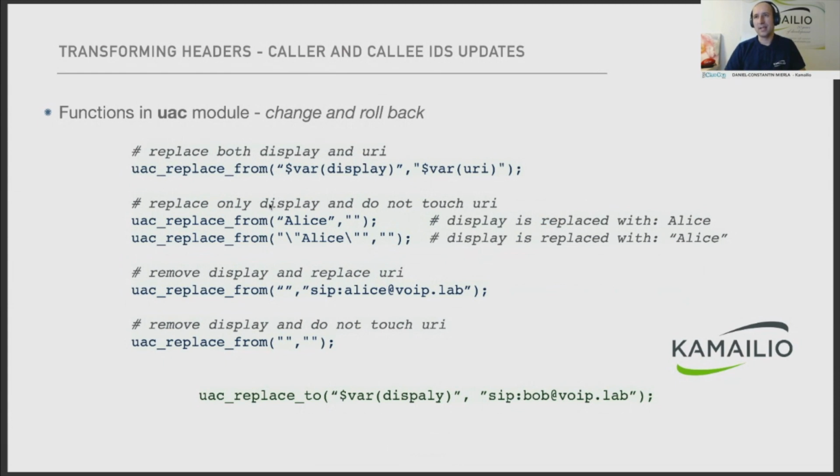And you have uac_replace_from and uac_replace_to, with 2 parameters if you want to update the display part and the URI part of these From and To headers, which again are typically the caller and callee ID value. So this is recommended to use instead of bare bone operations with remove header or append header, insert header, or substitution functions.